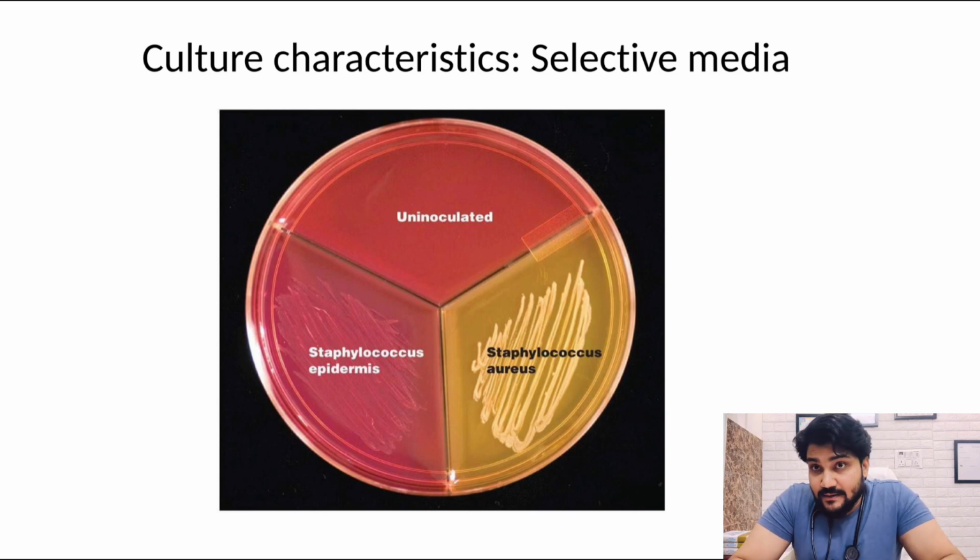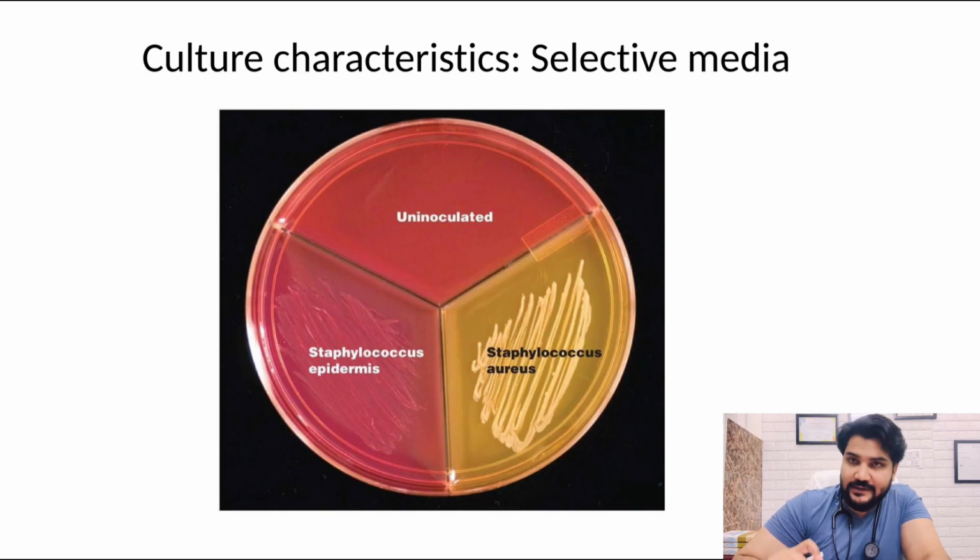So we need selective media so that only our Staphylococcus aureus will grow. There are certain selective media. This is your mannitol salt agar. In mannitol salt agar, the color of your Staphylococcus aureus colony will be yellow. Just remember that. And the other one, like Staphylococcus epidermidis, will be pink.